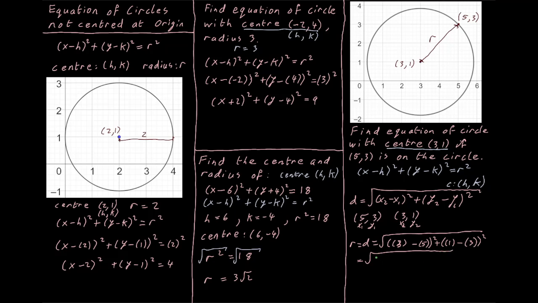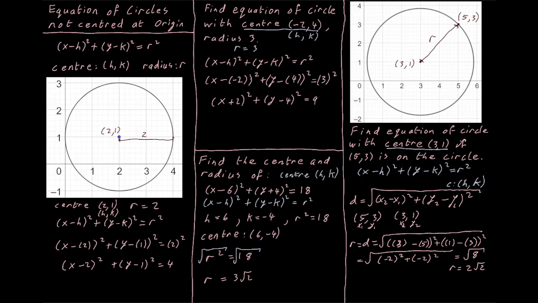I can put all of that into the calculator, being careful that I put everything correctly in brackets. And I end up with the square root of 8, which simplifies to 2 root 2. So the radius would be 2 root 2.